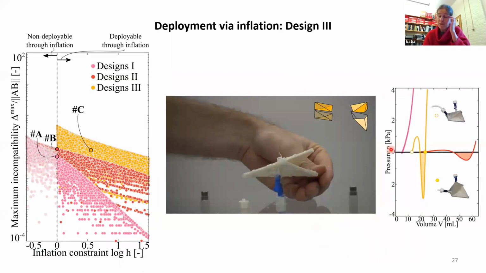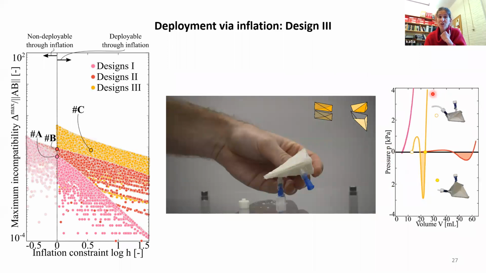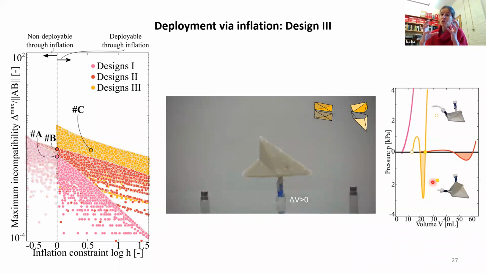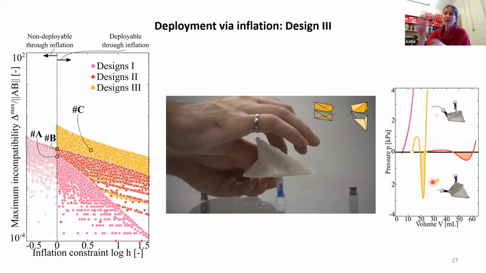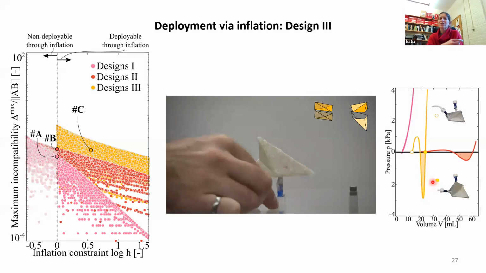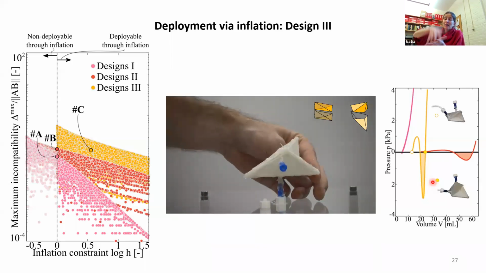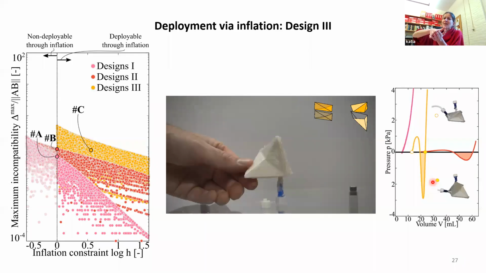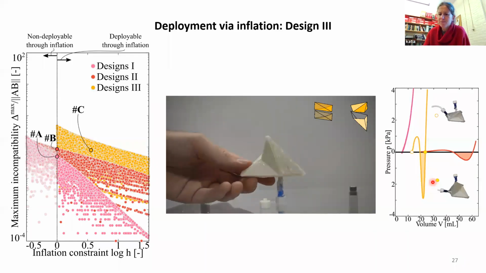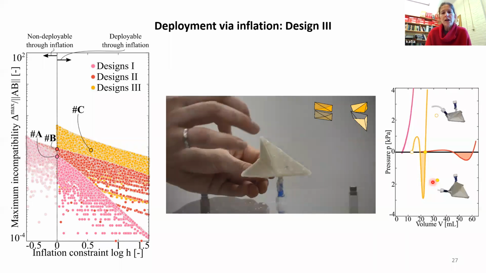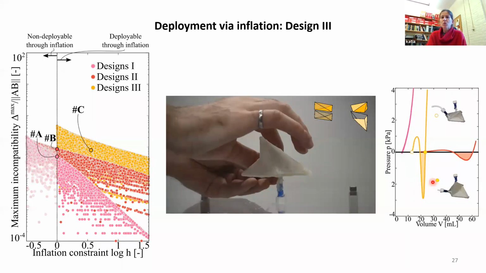So let's go to the lab, fabricate one of the structures, and now here on the right you can see the PV curve, right? Again, we have a region of negative pressure, so the structure is bistable, and you can clearly see here, we remove the pressure, the structure remains in the expanded state. In this case, that's a wedge type shape. All right. So we have another strategy that works.